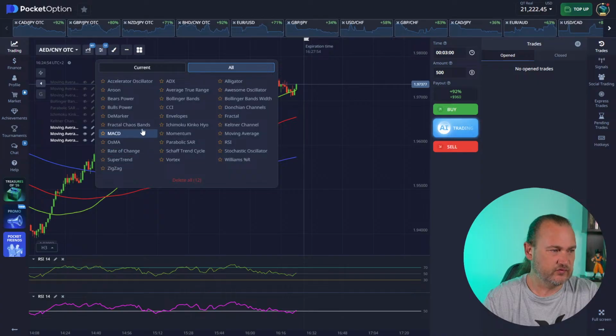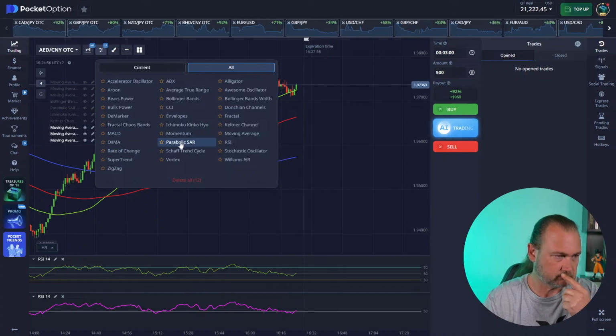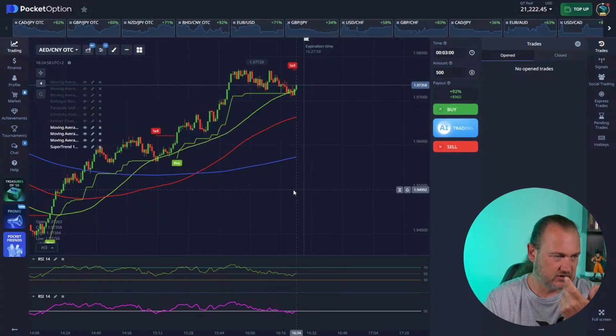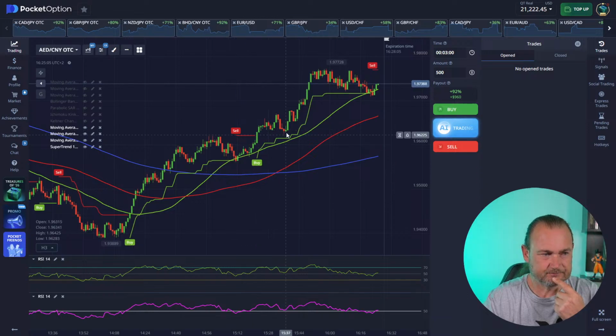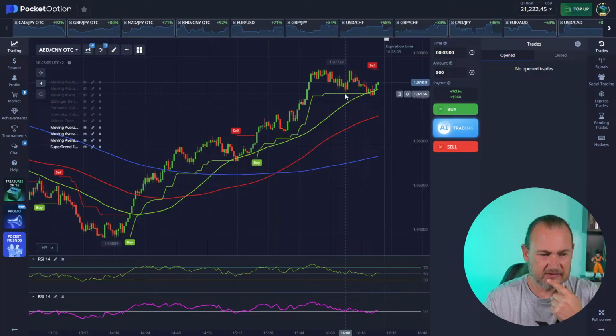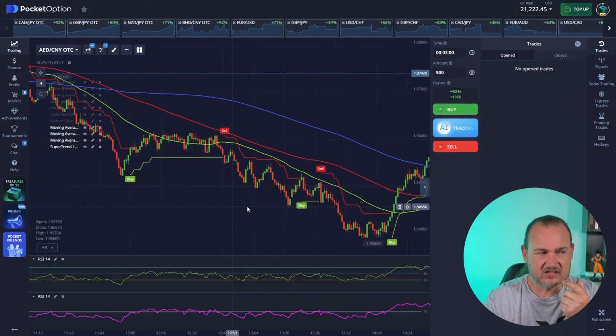We can use, for example, even indicators like super trend. You can use the super trend indicator as well to find tests where price goes close to the super trend line. There's so many indicators you can use.